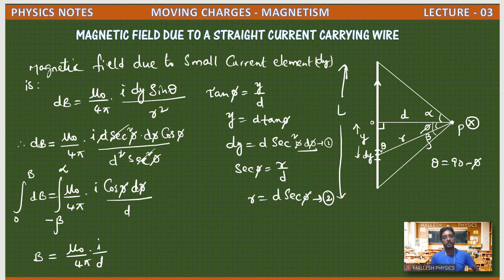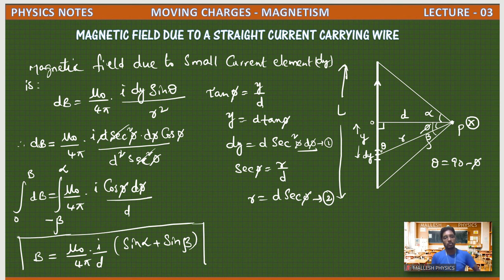First substitute the upper limit: sin alpha minus of minus sin beta, so sin alpha plus sin beta. This is the final formula which is used to find the magnetic field due to a straight current carrying wire.